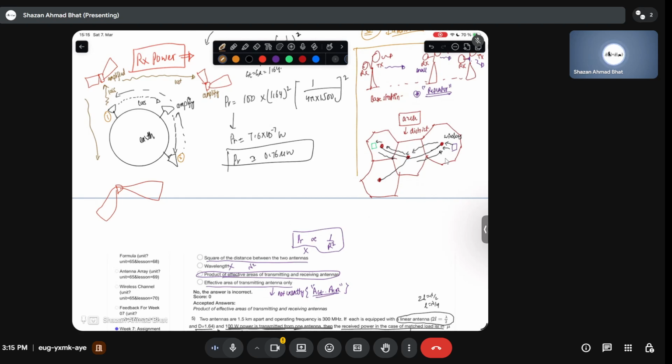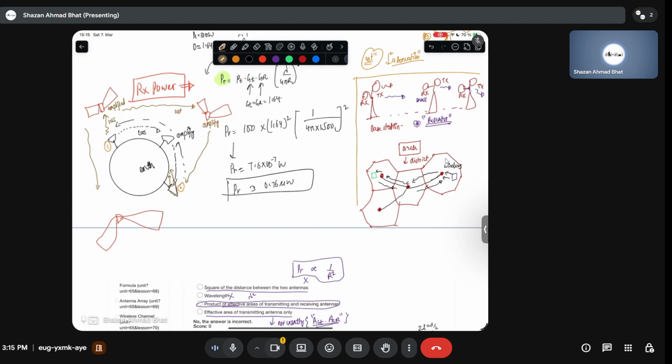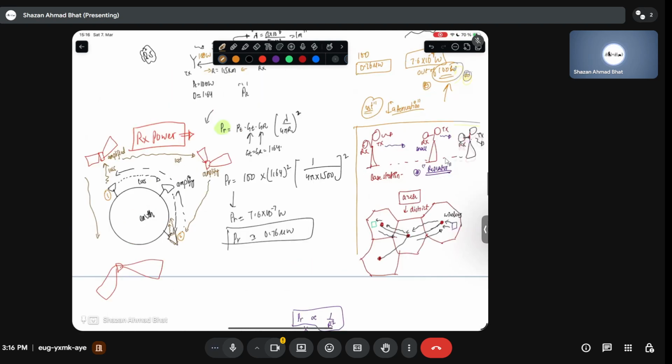A lot of circuits are used in it. This amplifies and sends the signal to the other station, and accordingly this base station on the earth then distributes the signal wherever it needs to be sent. So this is the exact scenario why we need repeaters again and again in this sort of communication system. And this is about it.